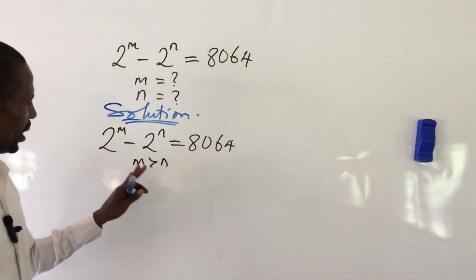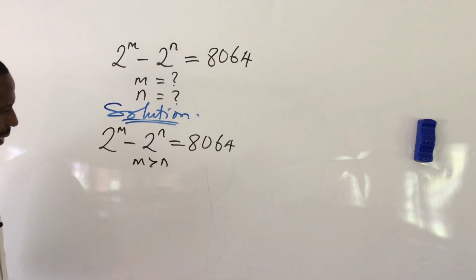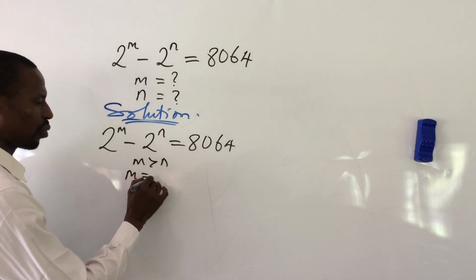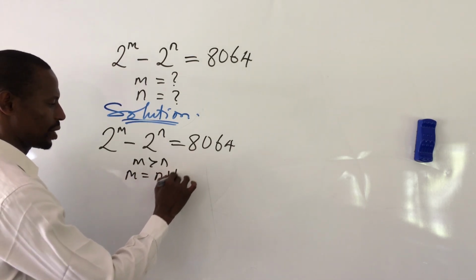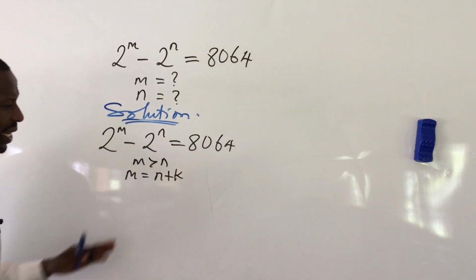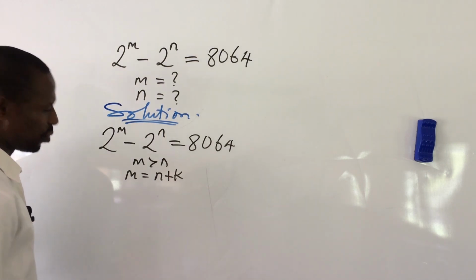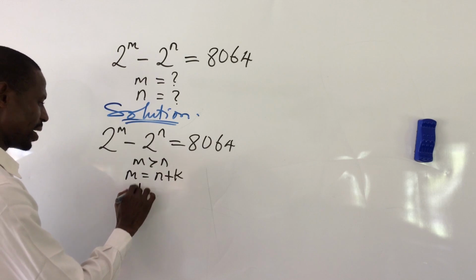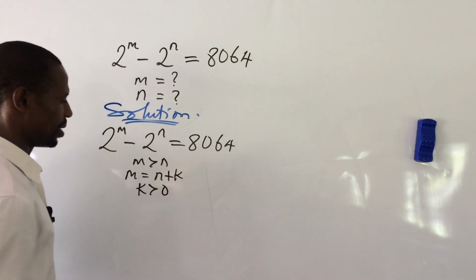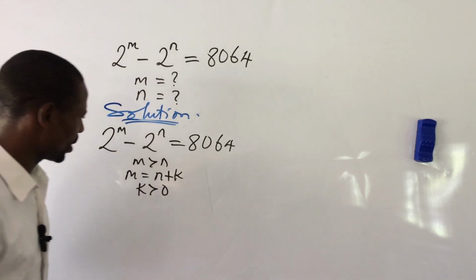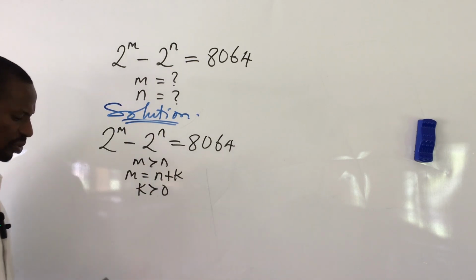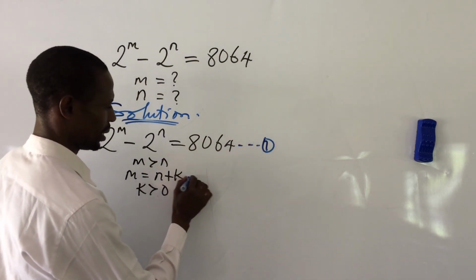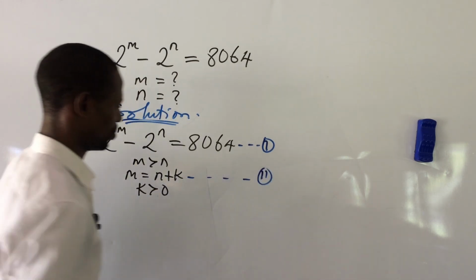So if m must be greater than n, then we can have m equal to n plus k, where k at the same time will be greater than 0. So let's work with these premises. We can label this equation 1 and take this as our equation 2.